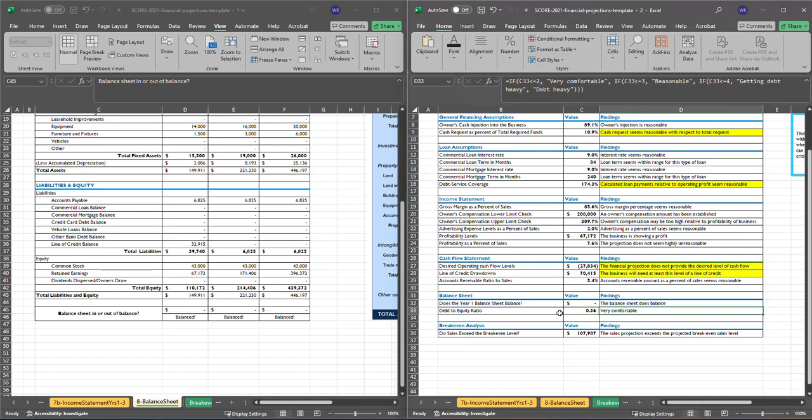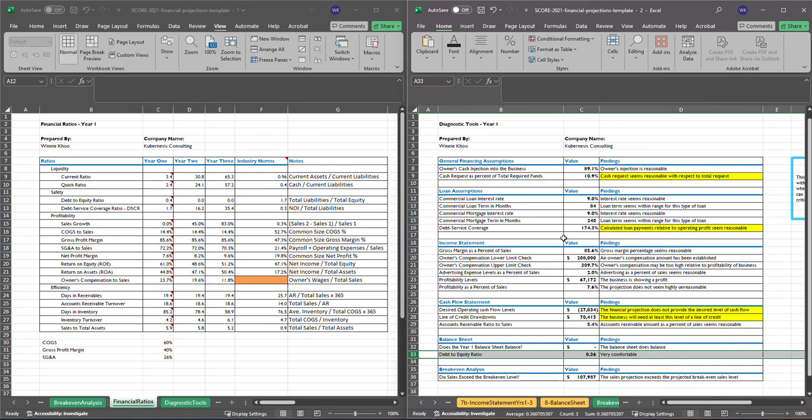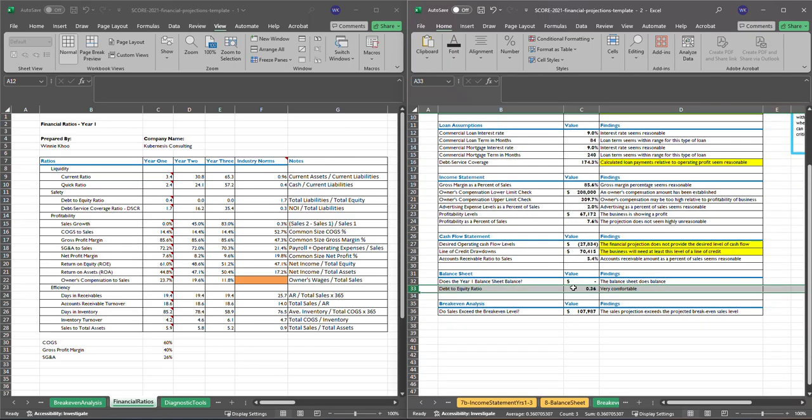It'll be easier to see that way. And this is going to be in the financial ratios. That's here. So these are decimal points here in the financial ratios. So in the Diagnostic Tools, I would also have it as decimal points. It's just easier to understand that way, especially given the if-then statement.